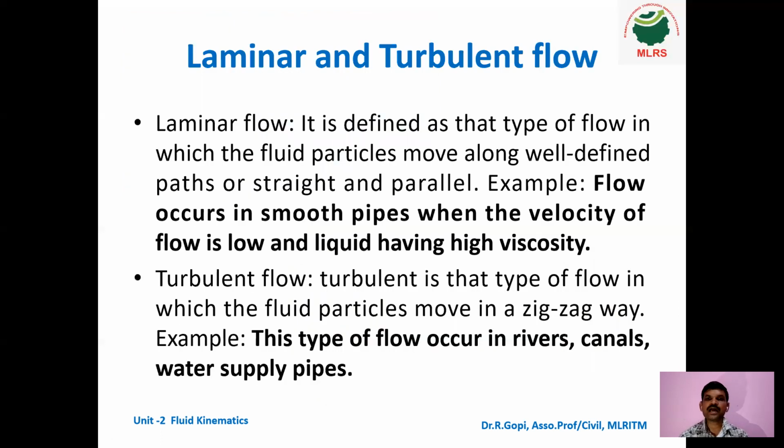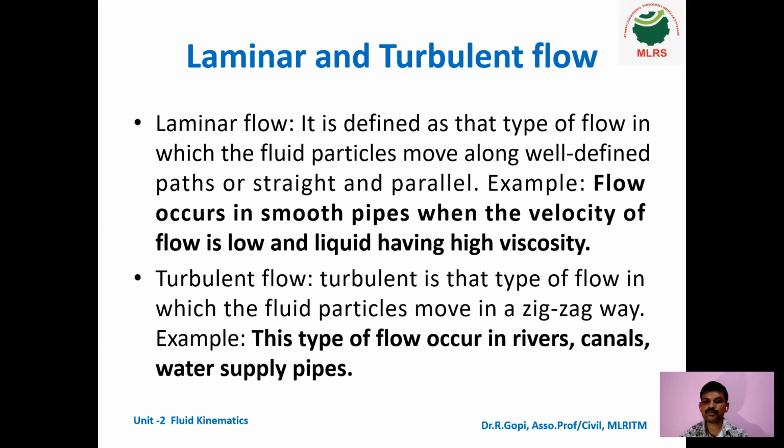Next, laminar and turbulent flow. First we will see laminar flow. It is defined as the type of flow in which fluid particles move along well-defined paths. What is meant by a well-defined path? It means the fluid particles move along a straight line.